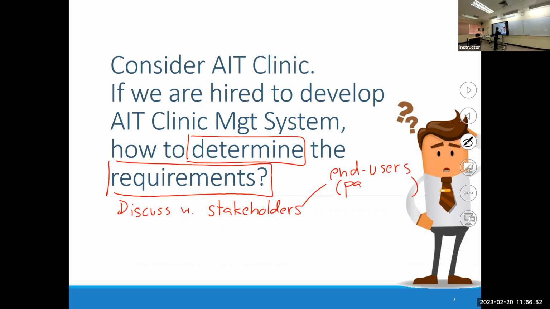If you just say patient, I will ask you further. Who are the patients? Anybody walking in the street? Be very specific, because when you say discuss, I would expect you to make an appointment with the person.